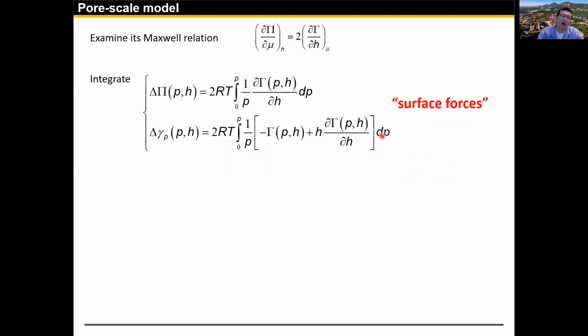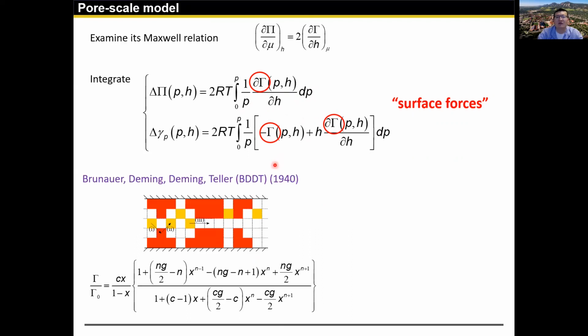In other words, you just need to know these two terms in the mechanical aspect to study the consequences of micropore adsorption. More conveniently, they have a one-to-one mapping to the adsorption isotherm. Now our task is just to find an adsorption isotherm that is a function of both fluid pressure and the height of the pore.